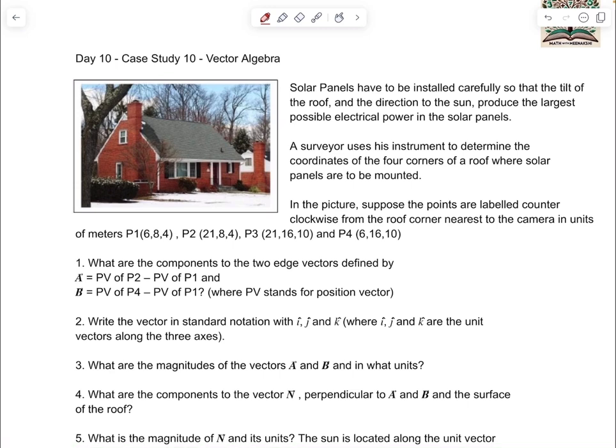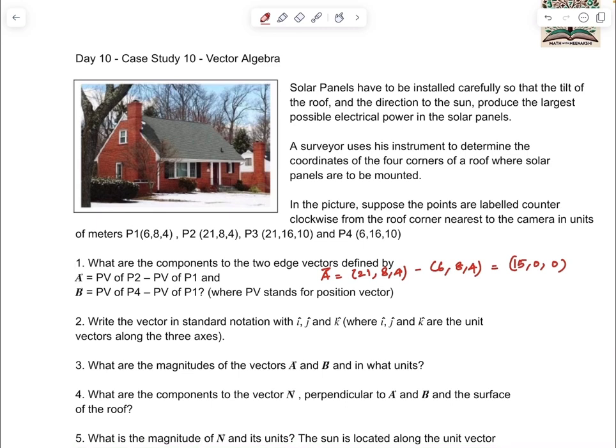First question: what are the components of the two edge vectors defined by? A vector is position vector of P2 minus position vector of P1. To get the components of A vector, 21, 8, 4 minus 6, 8, 4, that is 15, 0, 0.